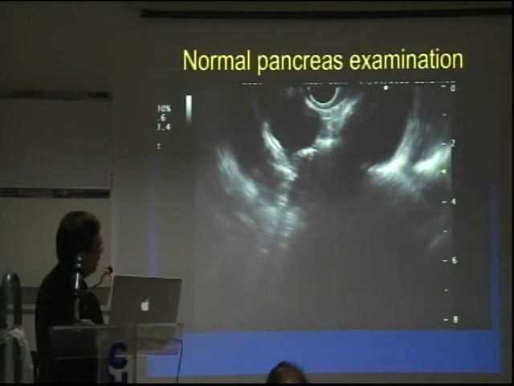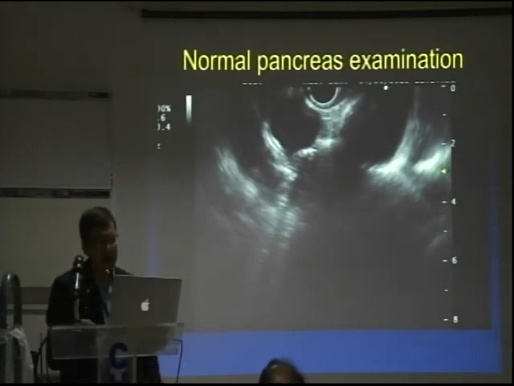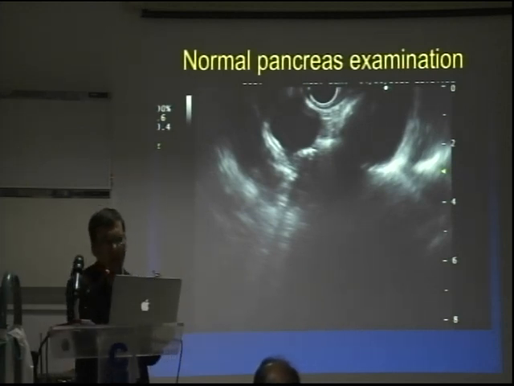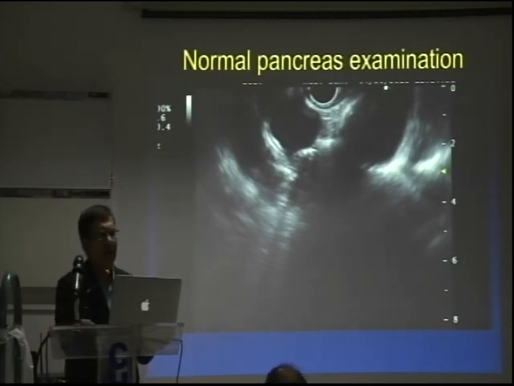That would be station 4. So that's what we usually call the AP window. When you get after so many examinations, you can do the whole pancreatic exam in 3 to 5 minutes without any problem.